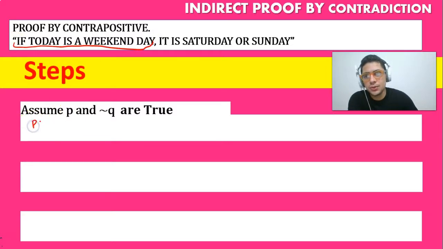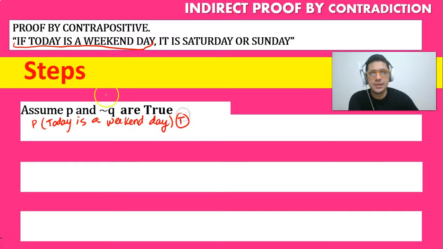So if P is true, we're assuming that today is a weekend day. We're assuming that is true. And now we're also going to assume that not Q is true. So it is not Saturday or Sunday. We're going to assume that is true.